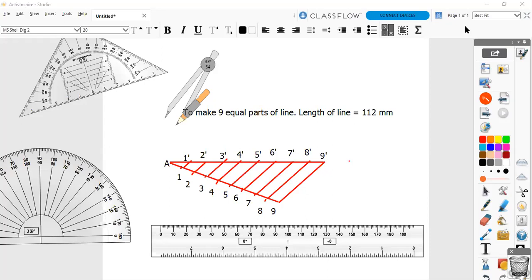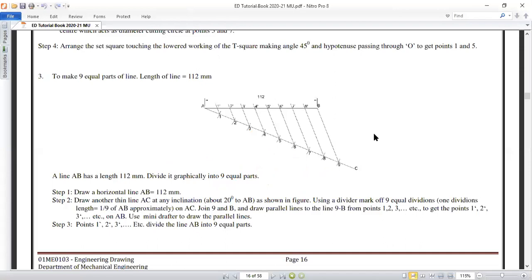Dev? Now we complete this task. If you have completed this task, please do write yes in the chat box so that we go further to the next point.